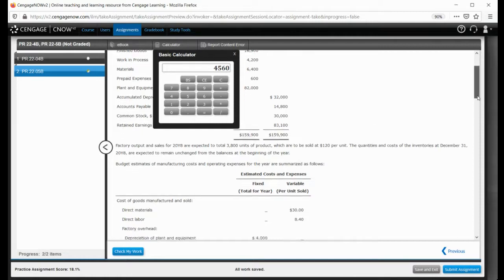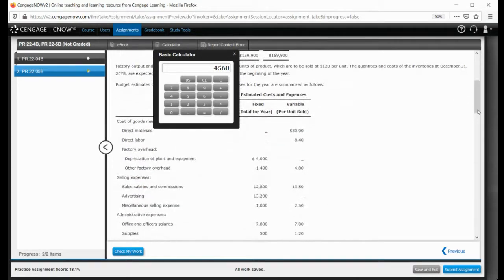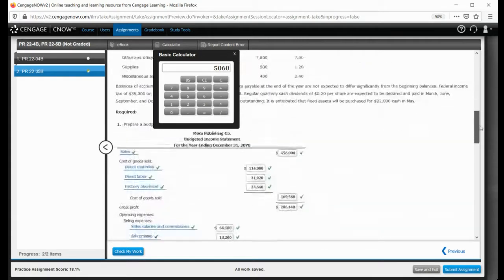Our variable cost portion of our supplies is $4,560, and then we have to add the fixed cost portion to this, and that will give you $5,060.